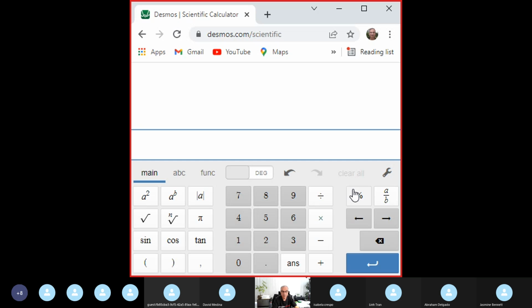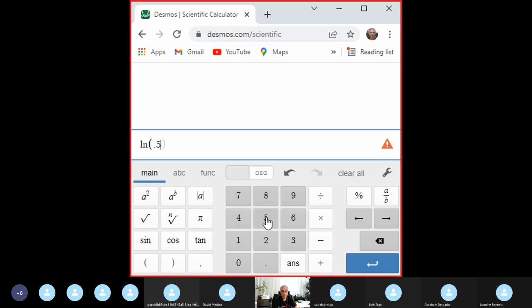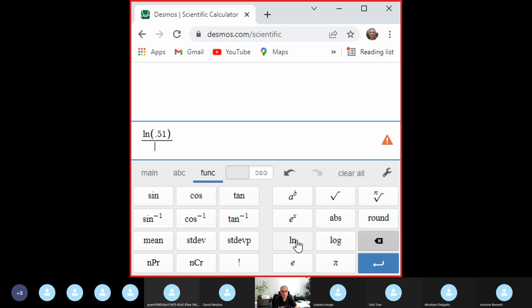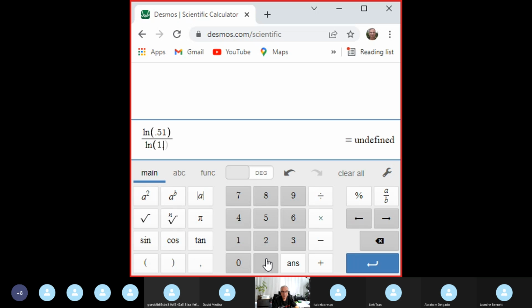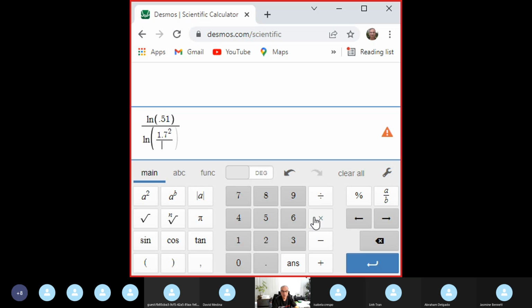You put in the calculator ln 0.51, outside the parentheses division, another ln of 1.7 squared divided by 0.3.